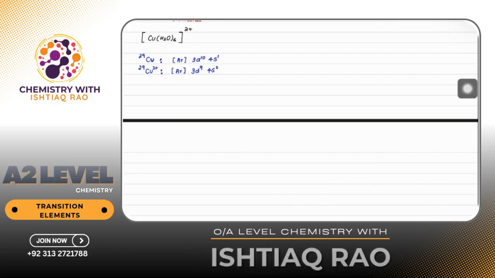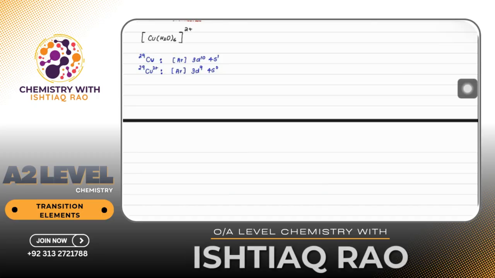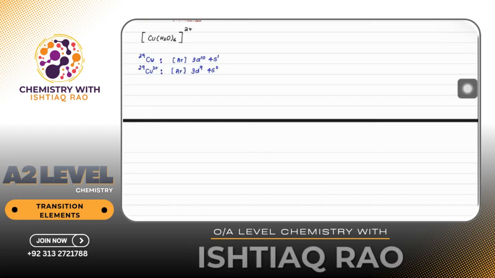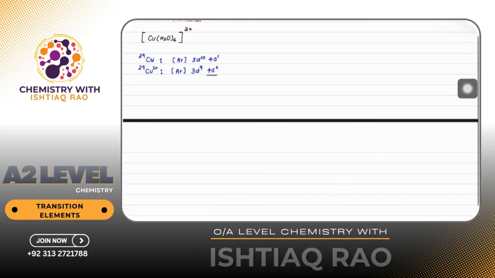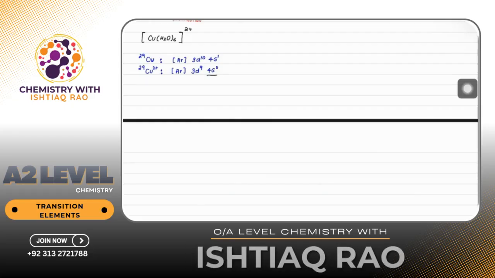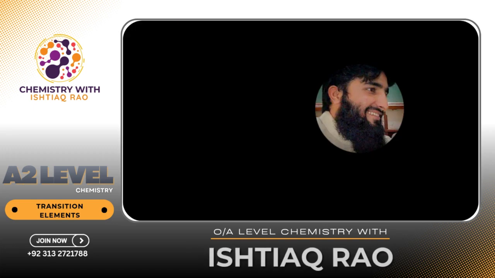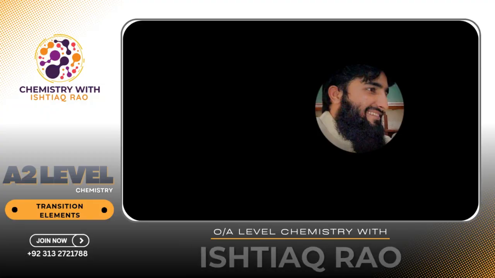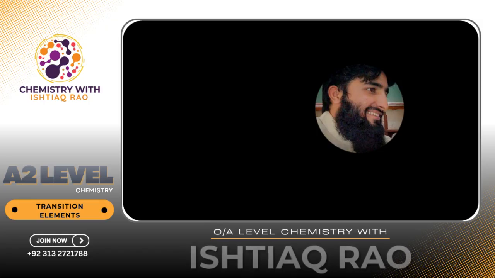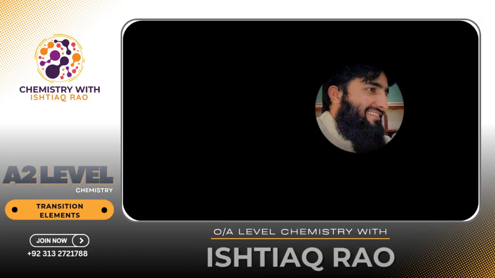So 4s is 0, right? There is no electron in this one. After 4s, I have 4p. Wait, I'm going to share my screen.